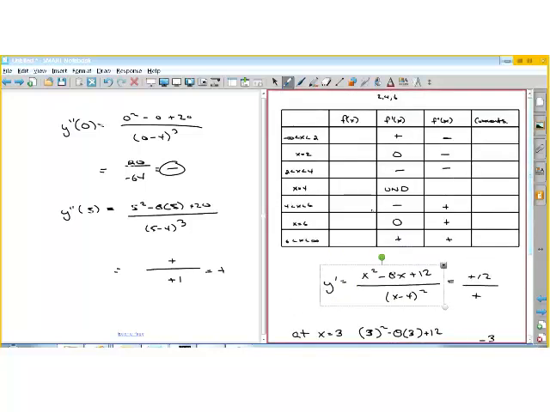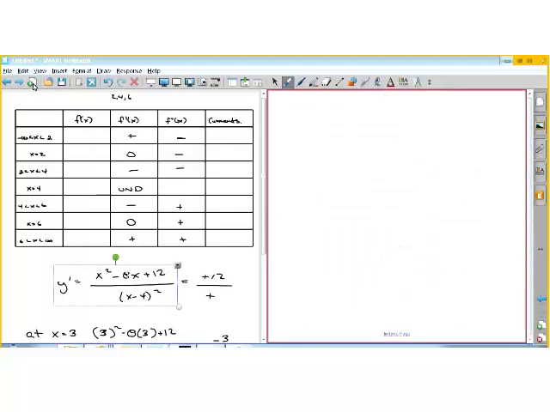So the final thing we're going to do is evaluate the function at the critical numbers. So we're going to say, what is f of 2? We go back to the original equation, which was x squared minus 6x plus 12, all divided by x minus 4.